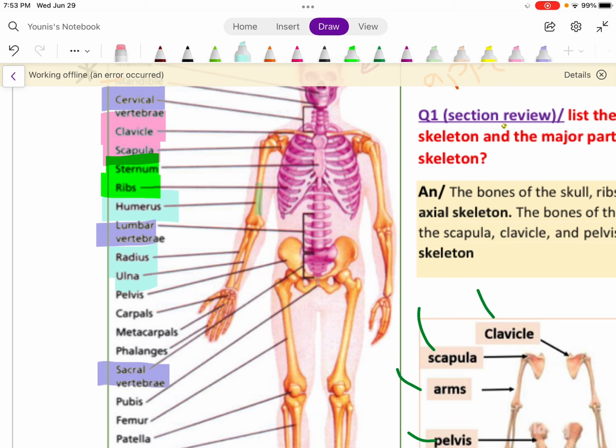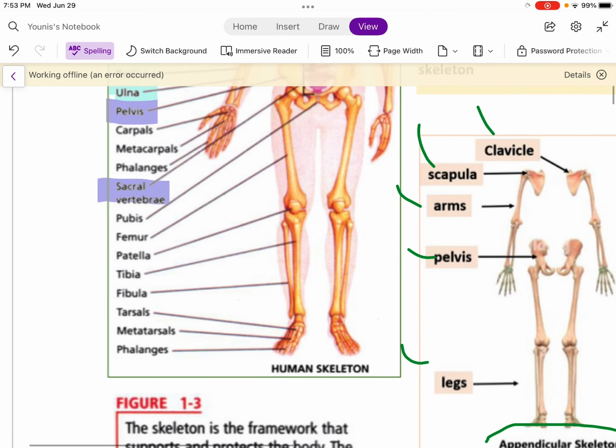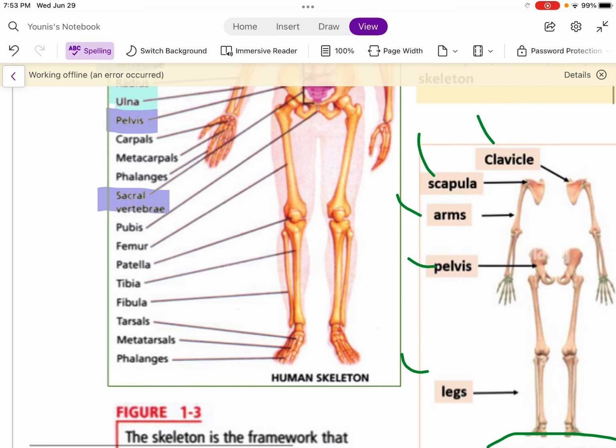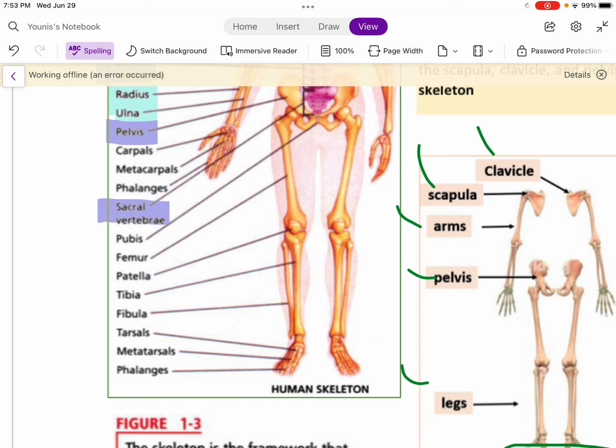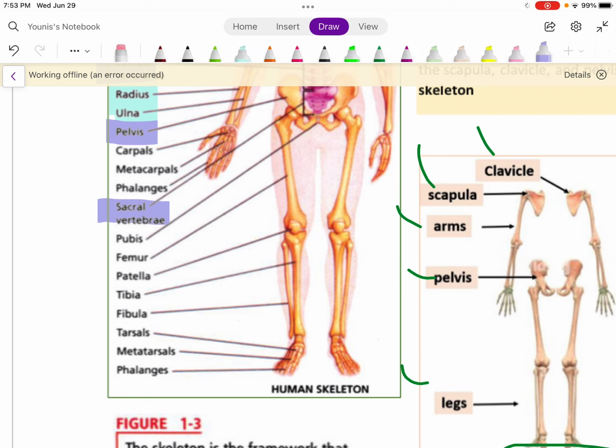And then the bone of the pelvis. And then what is left is only the bones of the limbs, except for the pubis, which is a very low part of the vertebral column.